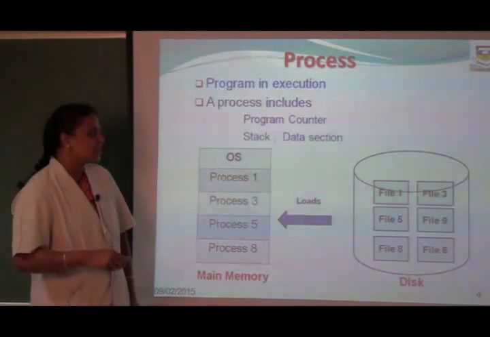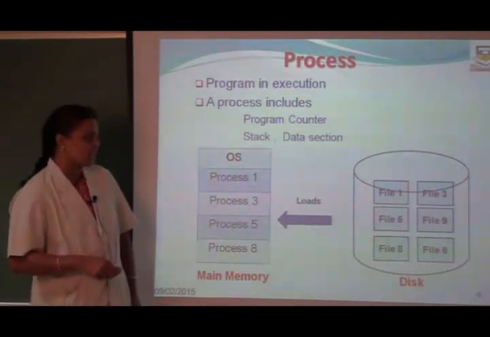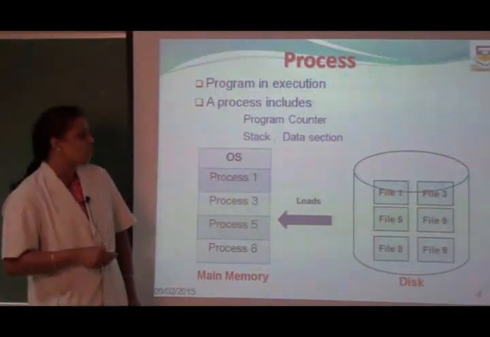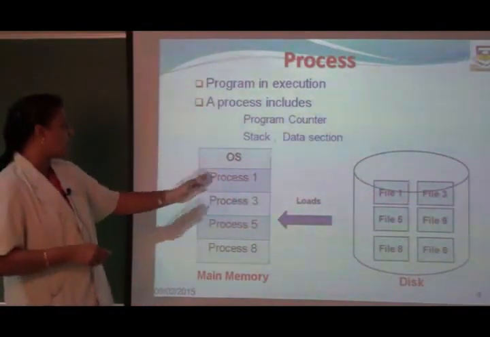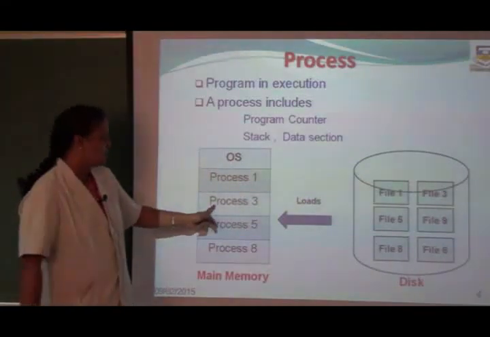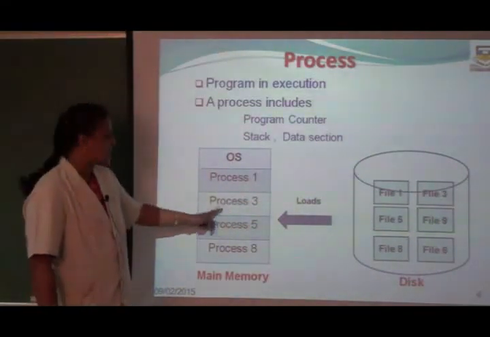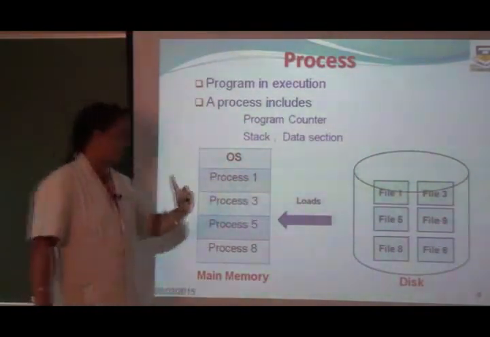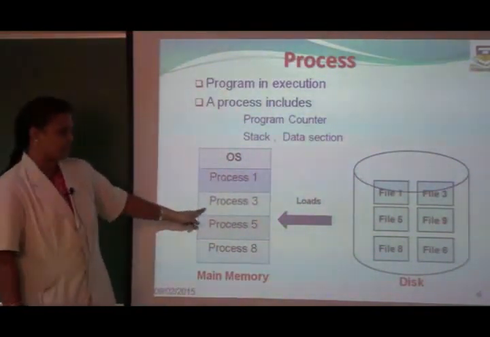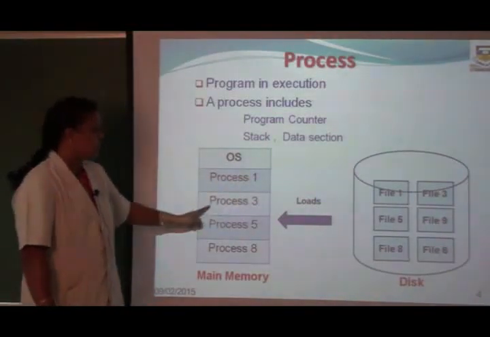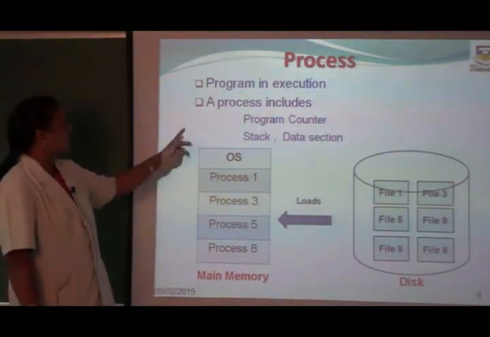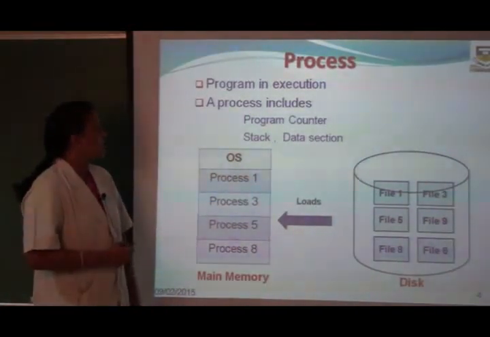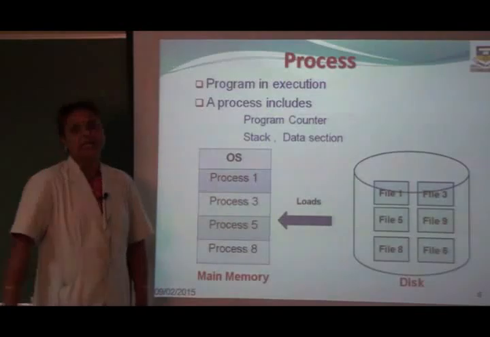While they are in the secondary storage device, they are called files or programs. Once they are loaded into the physical memory, they are referred to as processes. Every process has three important data structures: program counter, stack and data section.